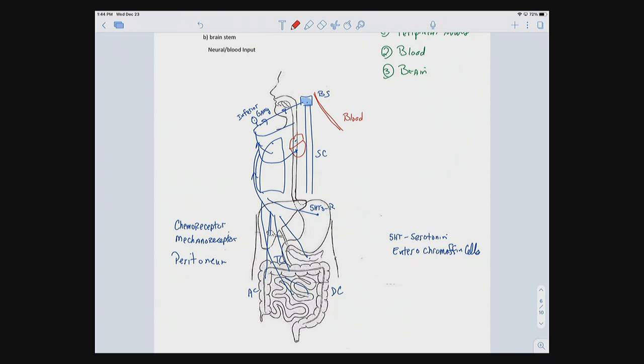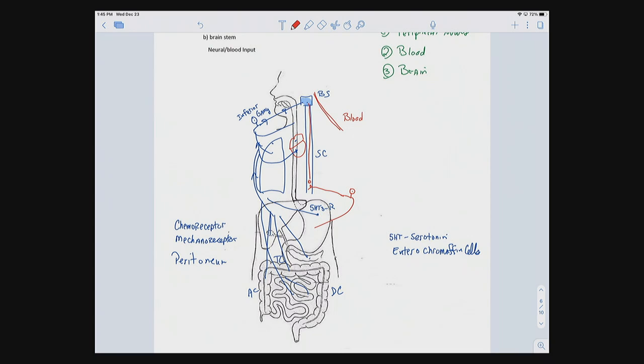And say, for instance, I'm going to have, again, a DRG, a dorsal root ganglia, okay? And it is going to be communicating to the spinal cord. It will talk to a neuron there, and then another neuron there will ascend up and then talk to the brainstem. So if I'm talking about the area below the diaphragm, which is where my GI is, I'm going to have some special nerves.